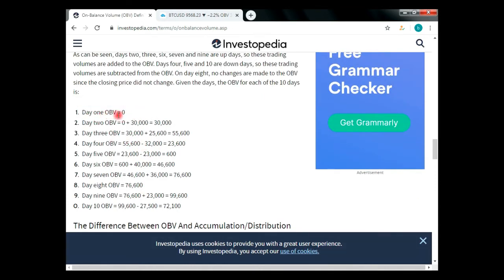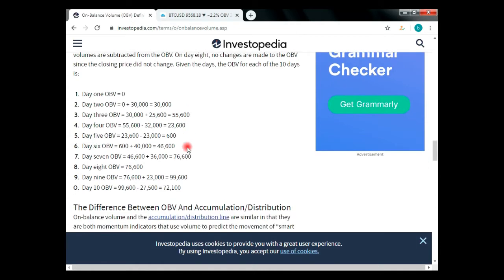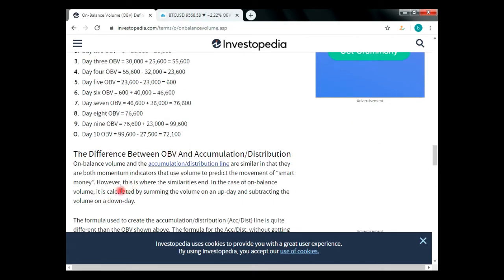As you look, if the day one OBV is 0, then day 2 volume is 30,000, and the day 2 OBV equals 0 plus 30,000, which equals 30,000 on the OBV. And the next day is the OBV plus the yesterday volume, and on and on.